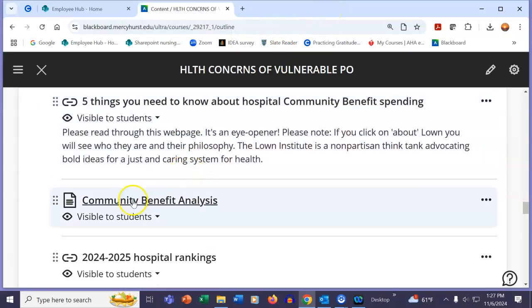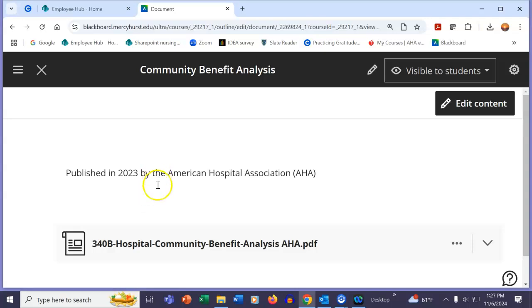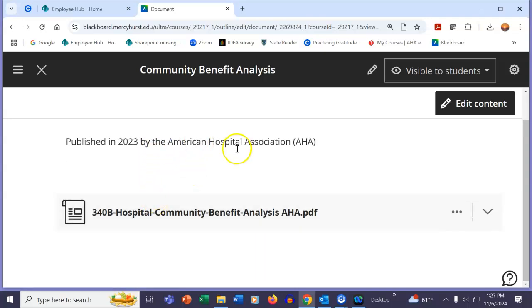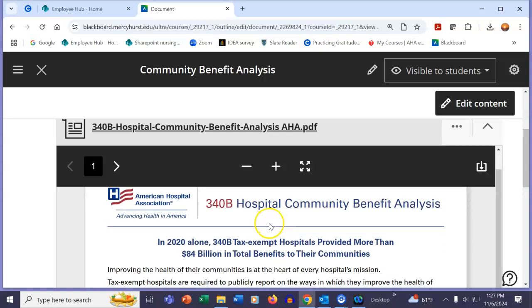So you're starting there. Then we're looking at, now this is by the American Hospital Association. Now they probably do have some benefit in making sure what they share is positive, so just keep that in mind. But they are a good source of information.